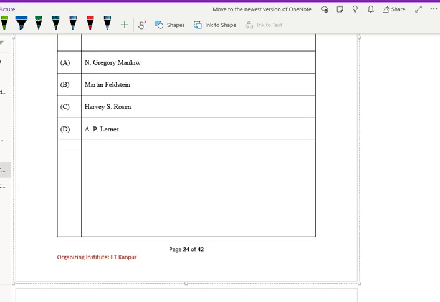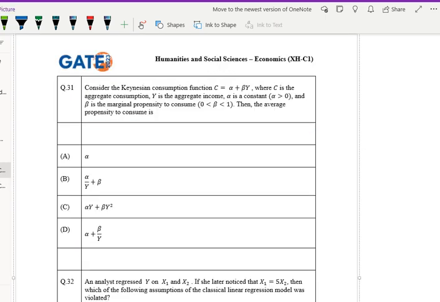Then the average propensity to consume is what? That we have to find out.